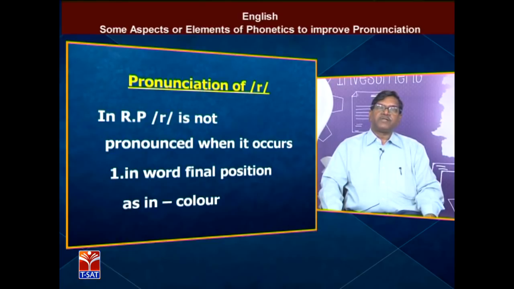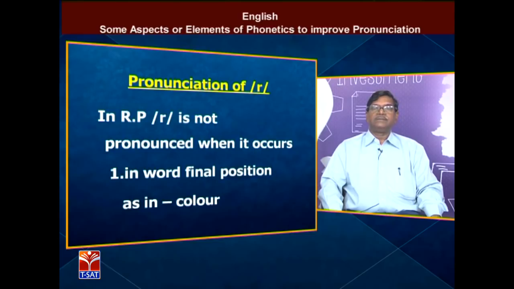In received pronunciation, RP, of England, R is not pronounced when it occurs in word final position, as in color. The word ending R is not pronounced, and before a consonant sound also it is not pronounced, like certain. R is followed by T, a consonant sound.